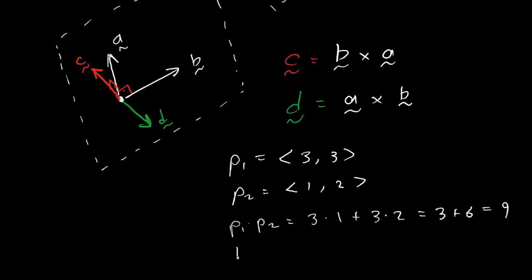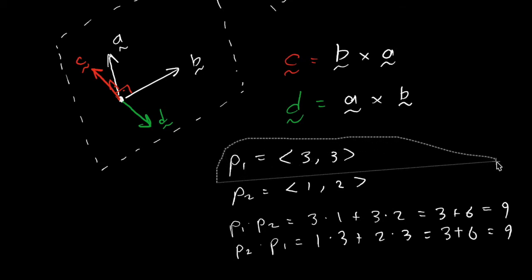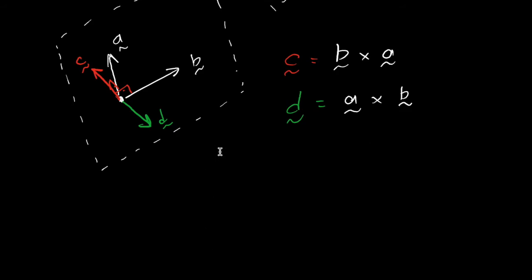And similarly, P2 dot P1 is 1 times 3 plus 2 times 3, which is 3 plus 6 again. So we have 9. So just wanted to show that really quick. This means for cross product, direction matters.